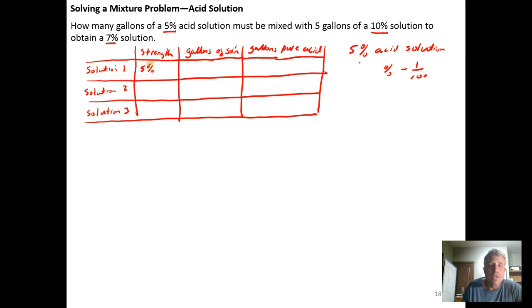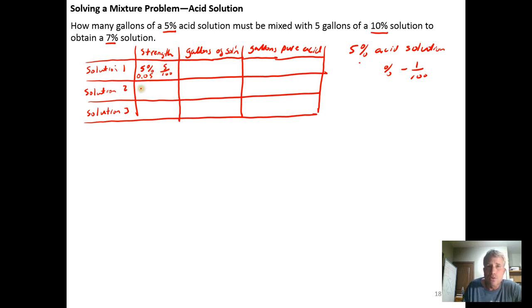So in terms of strength, we're going to need to use this number one of 2 ways. We either need to use it as a decimal, because we're going to do math with it, so we think of 5% as being 0.05 converted to a decimal, or we need to think of it in its fraction form, which is 5/100. We need to think of it one of these 2 ways.